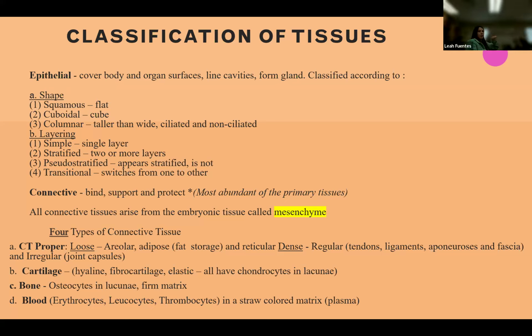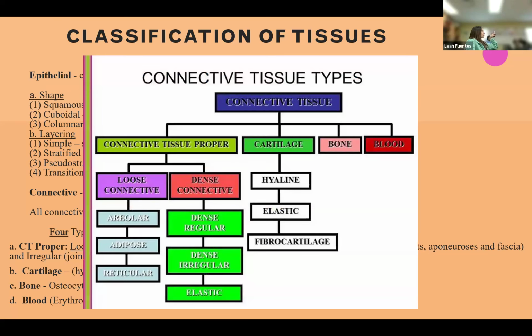Okay, and then we have 4 types of connective tissue. We have connective tissue proper, cartilage, and then bone and blood. So I'm going to put something on the screen really quickly. This is the breakdown of all of the connective tissue types.